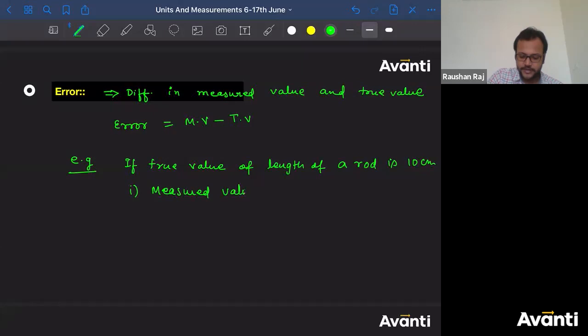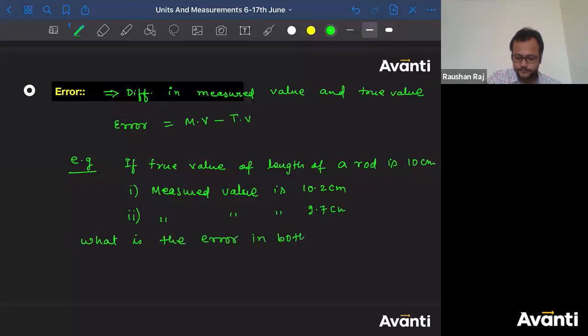When it was measured for the first time, the measured value came as 10.2 centimeter. Second time when it was measured, the measured value is 9.7 centimeter. Tell me what is the error in both cases?